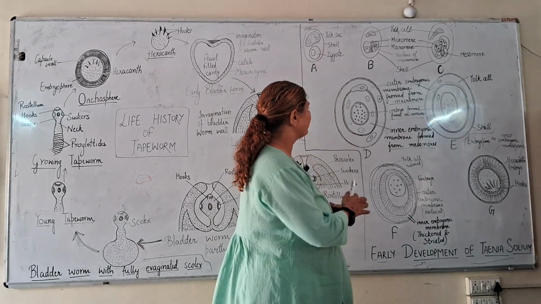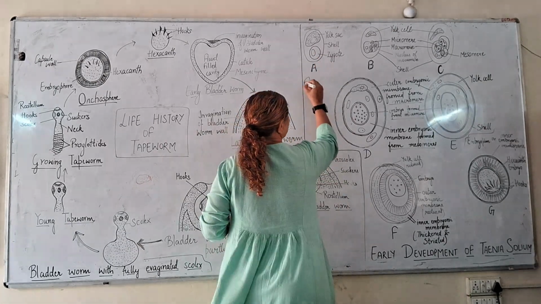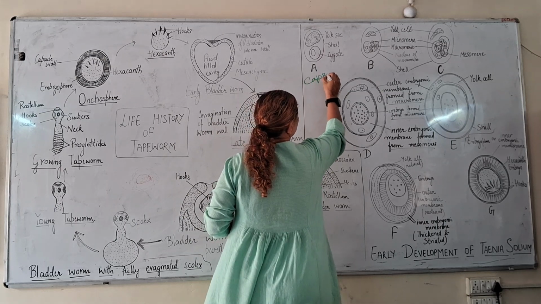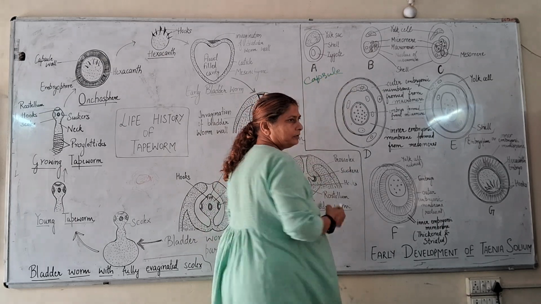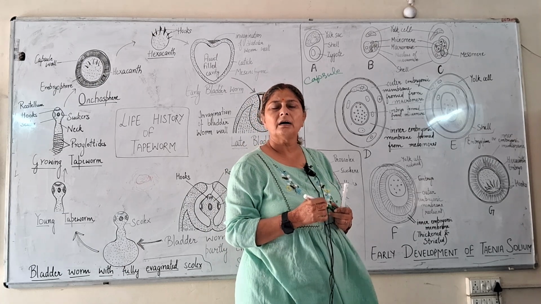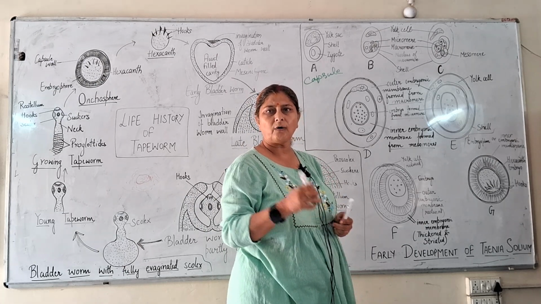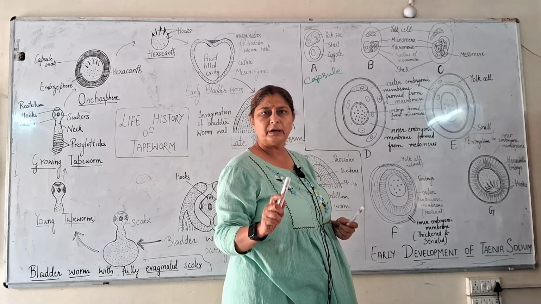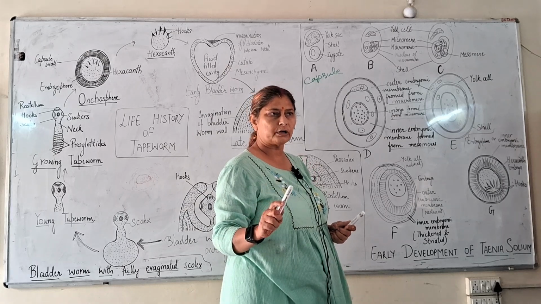Now it becomes the capsule, which is stored in the uterus of the mature proglottids.